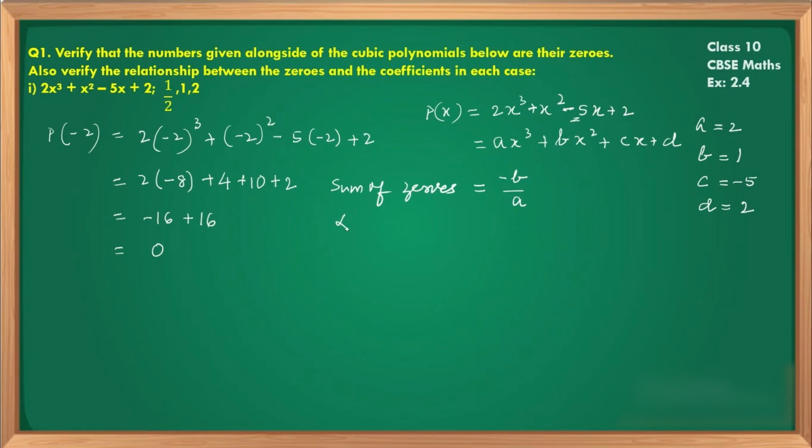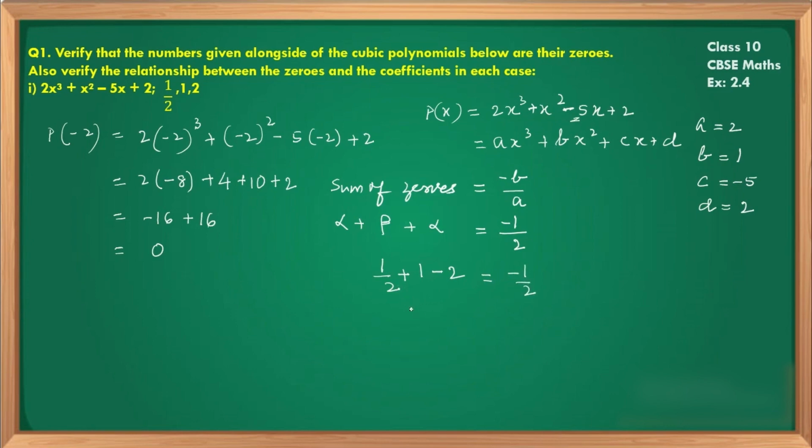We have alpha plus beta plus gamma is equal to minus b, which is minus 1, by a. a is 2. Now what is alpha? Alpha is one of the zeros, that is 1 by 2, plus 1, then minus 2. These are the three given zeros of this polynomial, and that is equal to minus 1 by 2.